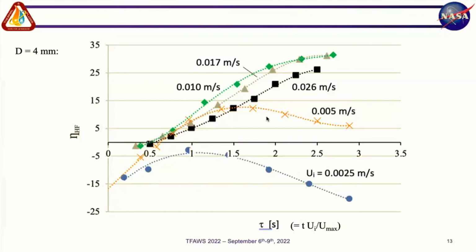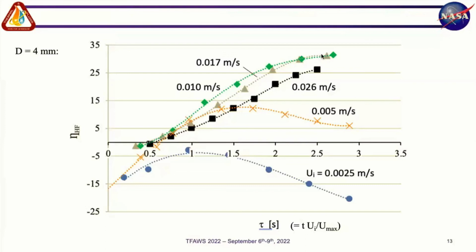And here we show that as the speed increases, and we went from 0.0025 to 0.005, and then 0.010, and then 0.026, these results seem to indicate that there is a maximum for the enhanced heat transfer in your entire channel. This again is the integration for your entire channel, and we got a result for 0.010, which is the best result that we could get for this particular configuration, of about 31% increase in your channel heat flow.